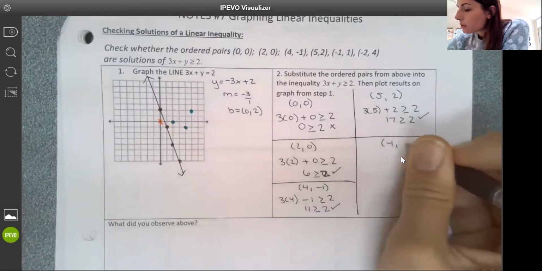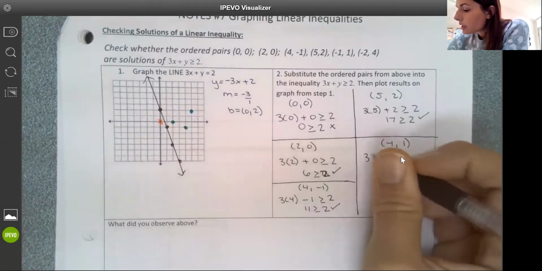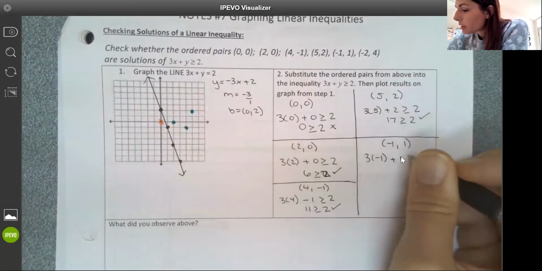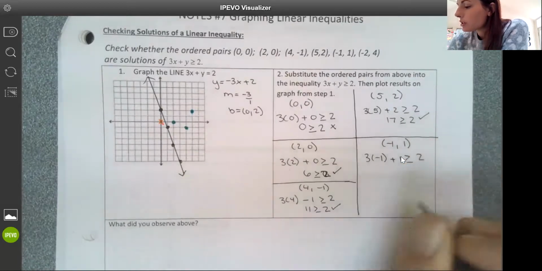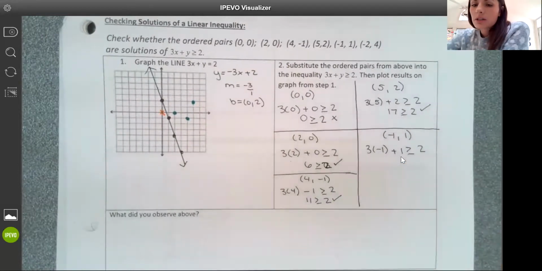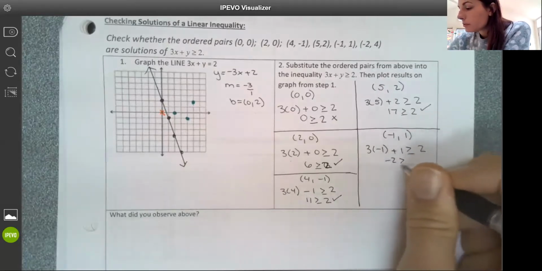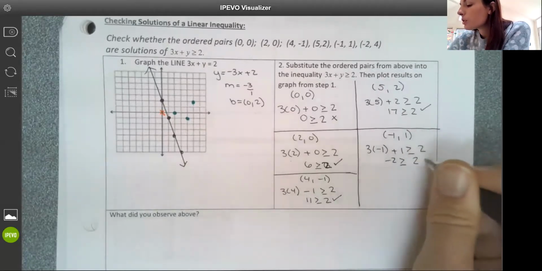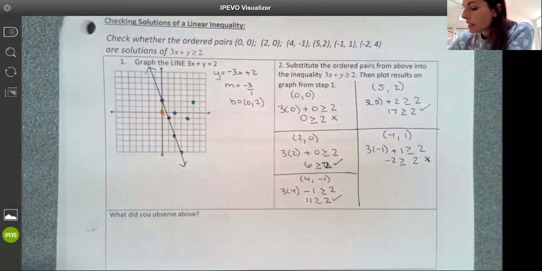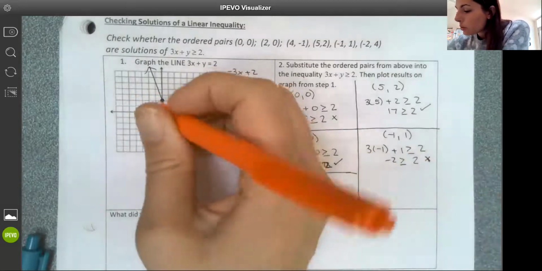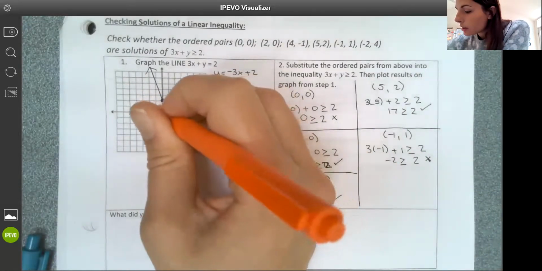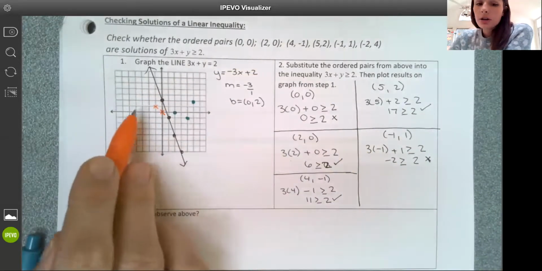Let's look at -1, 1. So 3 times -1 plus 1, is that greater than or equal to 2? That's going to give us -3 plus 1, or -2. -2 is not greater than 2. That one does not work. So at the point -1, 1, that did not work.